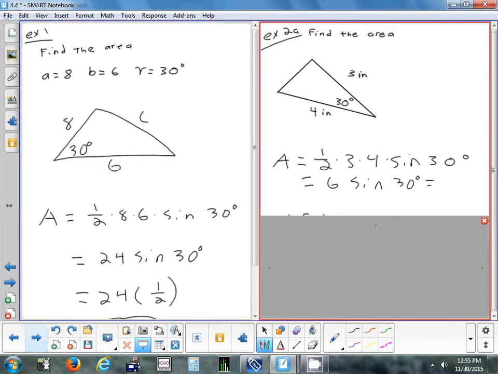The sine of 30 is a half. So what's half of 6? 3. And what about my units on this one? Inches squared. Any questions on that one?